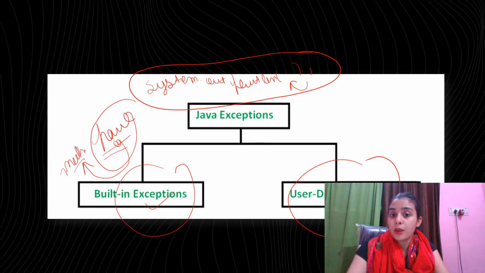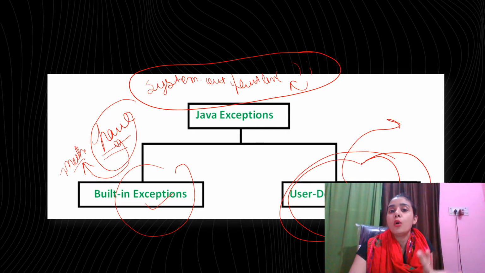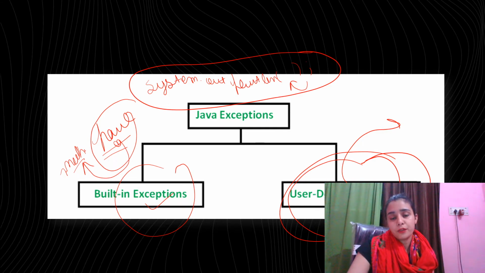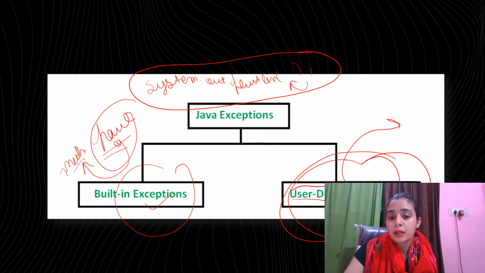But if I want to create my own function, those functions are called the user defined function, right? I just want to create the function as per the user's choice. I want to give a name to that function, and I want to specify the work which I want in that particular function.